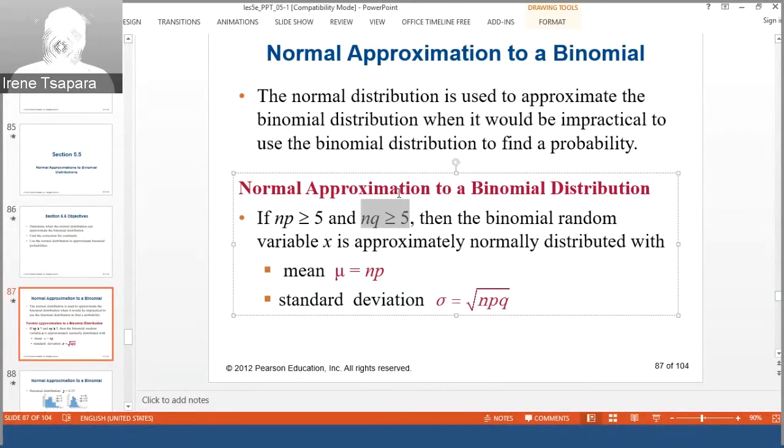You cannot approximate a binomial distribution with the normal distribution if n times p or n times q is less than 5. And this can happen very easily. For example, if I have a probability of success of, I don't know, something that is very successful, 0.99, a very high probability, and I run it 100 times, then 100 times 0.99 is going to give me 99.